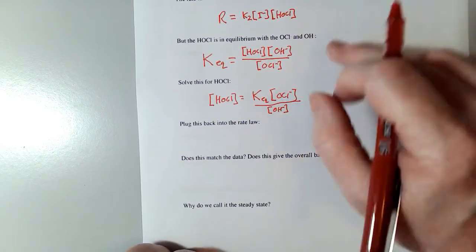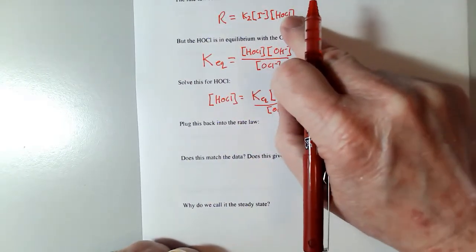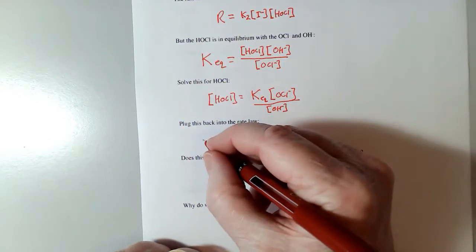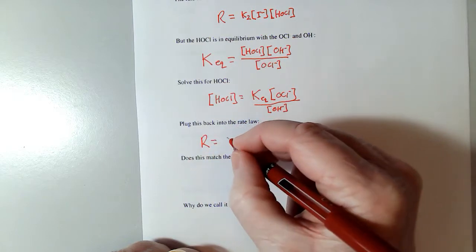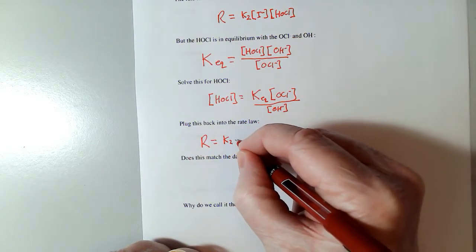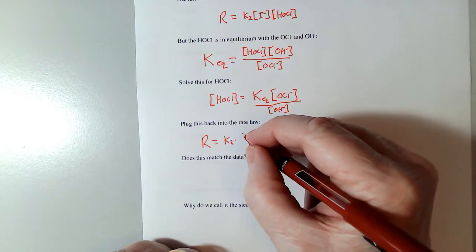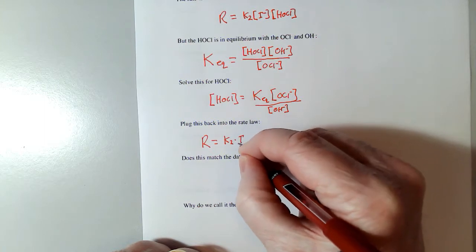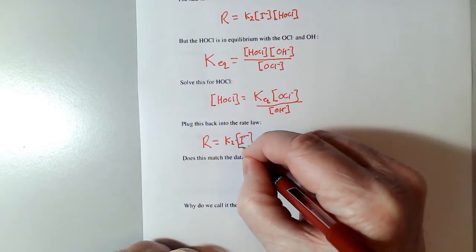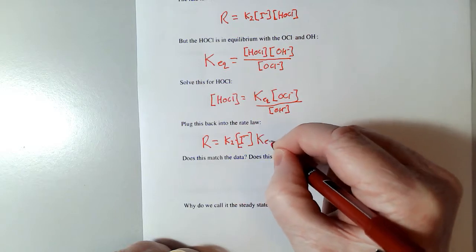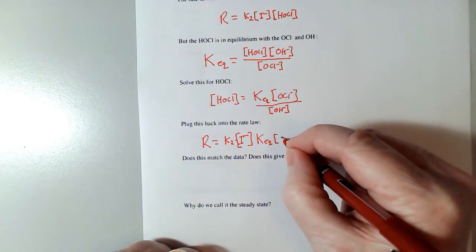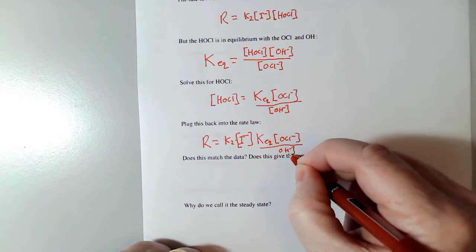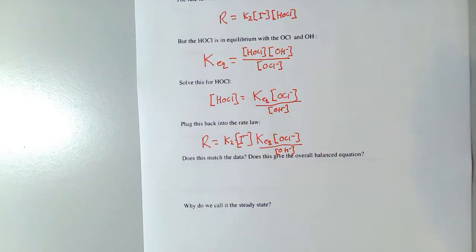Now what I'm going to end up doing is actually plugging this into the rate law here, the HOCl substitution. So my rate equals K2 times the I minus times KEQ times OCl minus divided by OH minus.